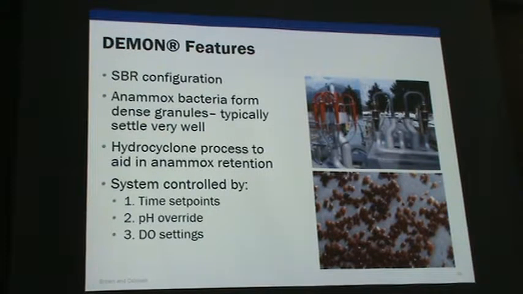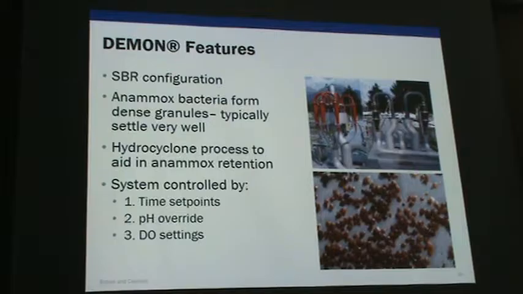micrograph here. These are granules, sort of small granules, and they're close up. They look like the chocolate sprinkles on your ice cream in terms of size. And we try to control them through the use of hydrocyclones to separate the heterotrophic organisms you don't want, the denitrifiers, and we keep these granulated organisms because they're heavier and more discrete through the use of a hydrocyclone, just like you use it for grit removal.